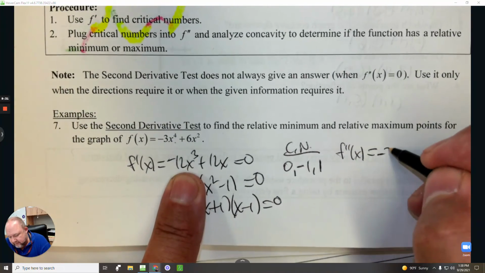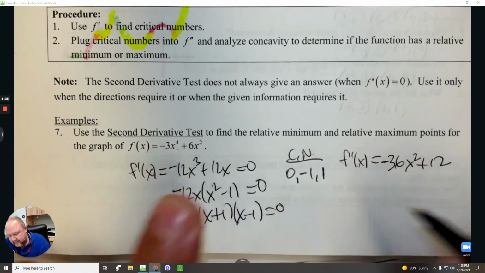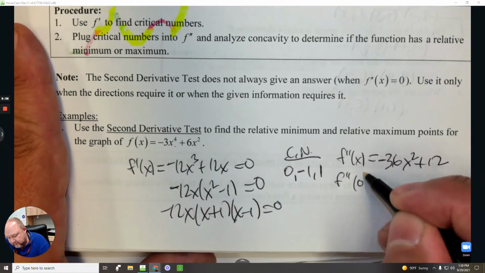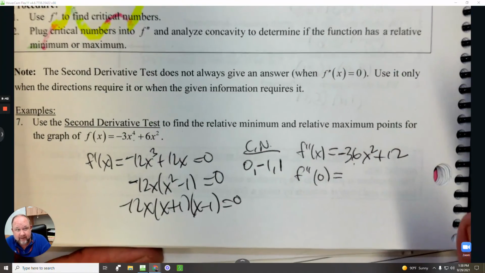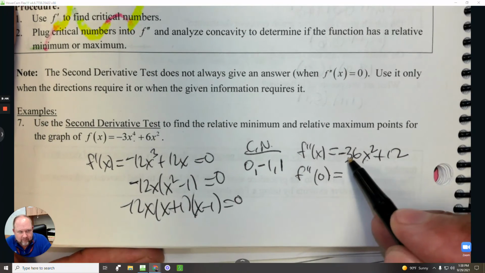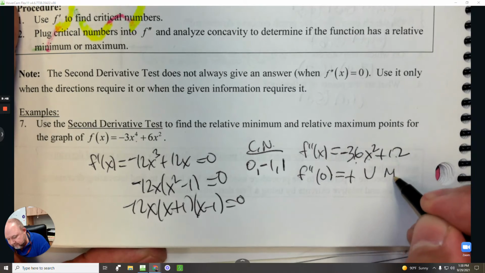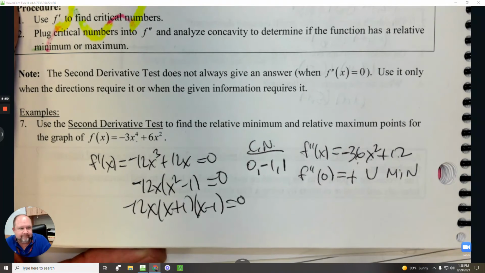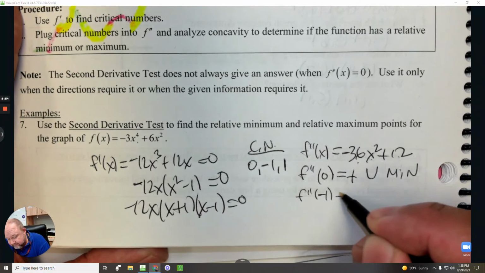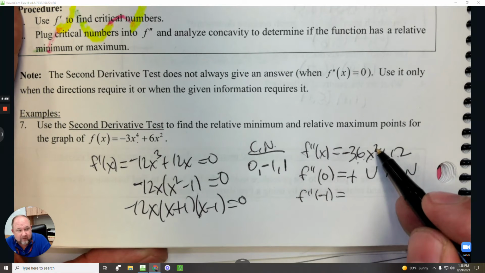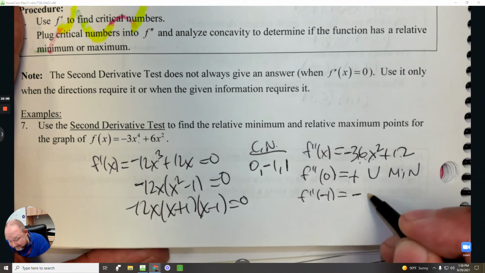The second derivative is negative 36x squared plus 12. Then I take the critical numbers and plug them into the second derivative and see if the answer is positive or negative. If I plug in 0, the answer is positive, which means it's concave up, which means this is a minimum. If I plug in negative 1, negative 1 squared is 1, and then it's negative 36 plus 12, which is negative.